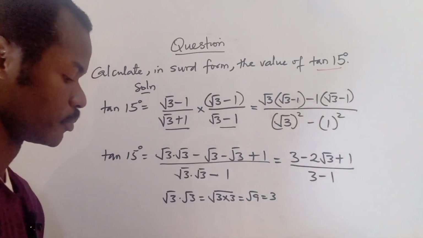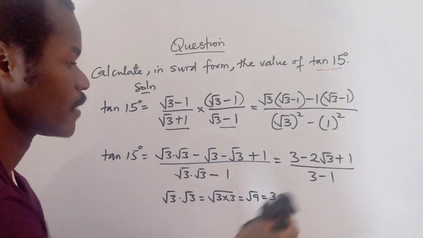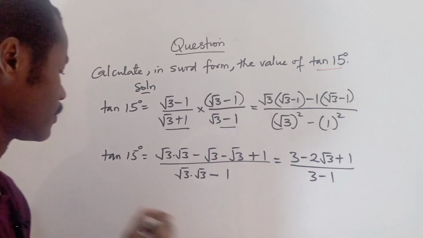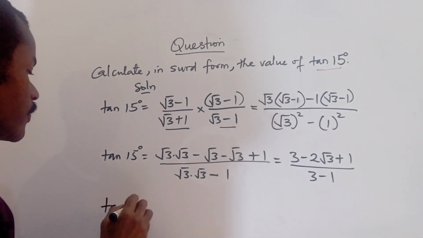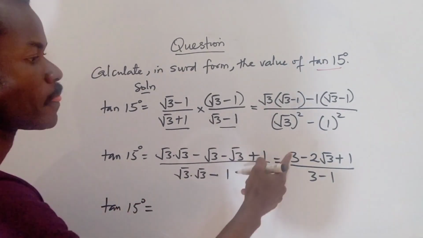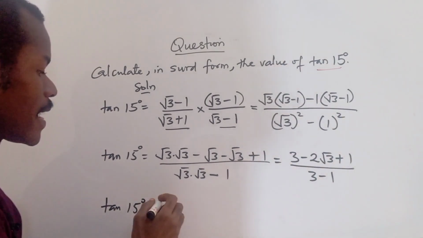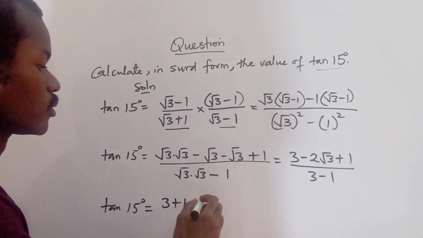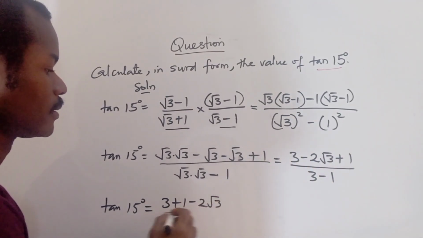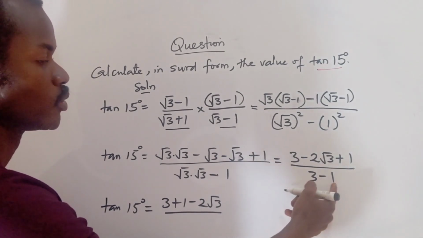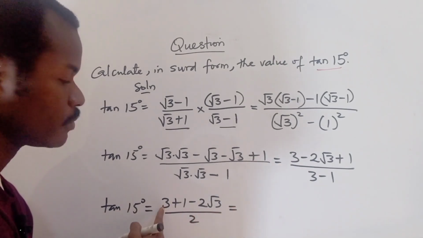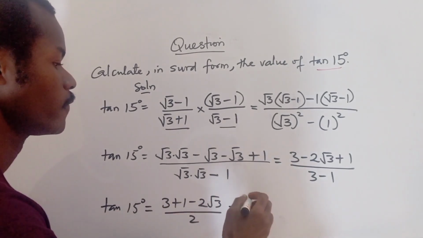So we have 3 minus 1. Now from this we can collect like terms. So I have tan 15 degrees is going to be, now 3 and plus 1 are alike, so I have 3 plus 1, and we are left with minus 2 root 3 at the end, divided by 3 minus 1, which is 2. 3 plus 1 is 4.